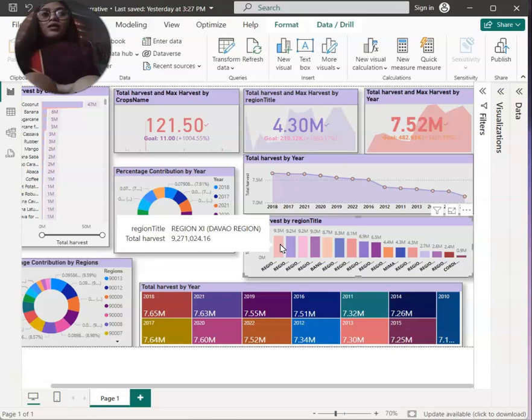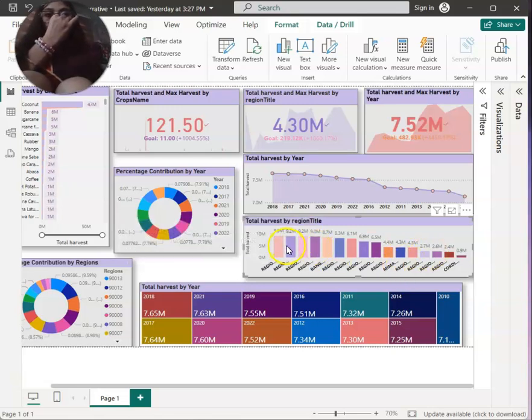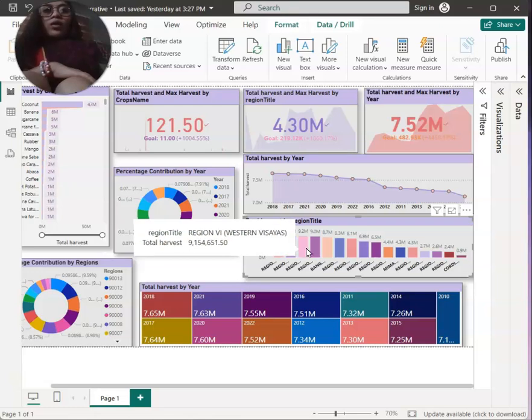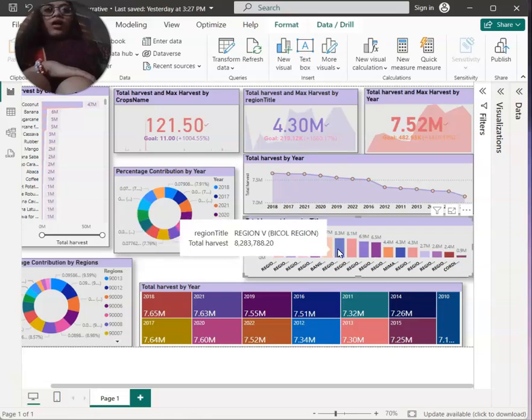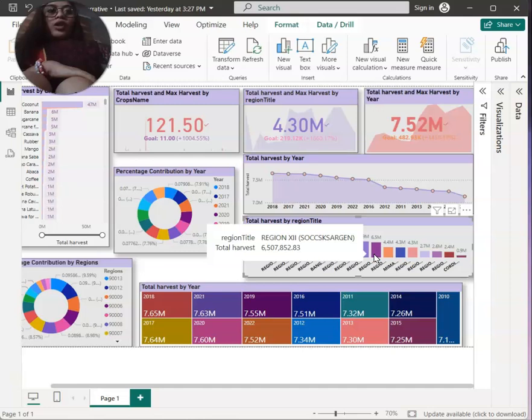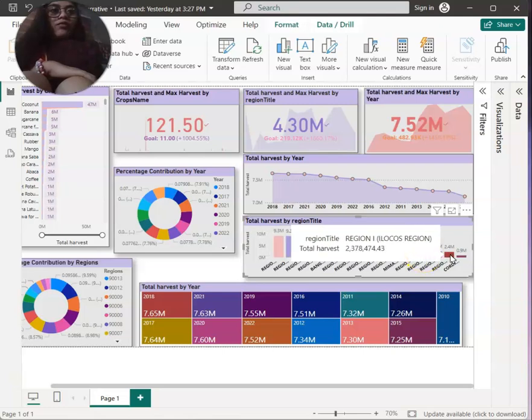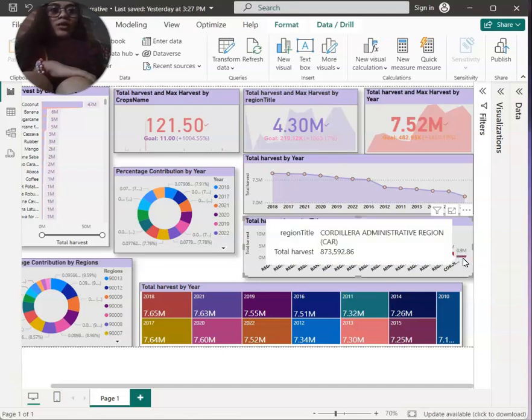The Davao region has the highest total harvest by region, followed by Northern Mindanao, Western Visayas, Calabarzon, Bangsamoro Autonomous Region in Muslim Mindanao, Region 5 Bicol Region, Zamboanga Peninsula, Eastern Visayas, Region 12, Region 7 Central Visayas, Mimaropa Region, Region 13 Caraga, Central Luzon, Cagayan Valley, Ilocos Region, and lastly with the lowest harvest is the CAR or Cordillera Administrative Region.